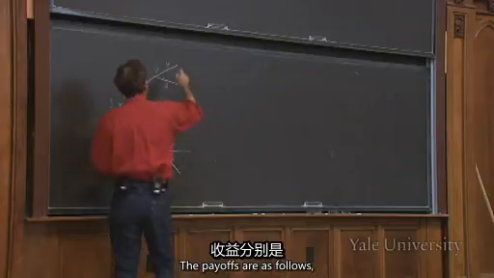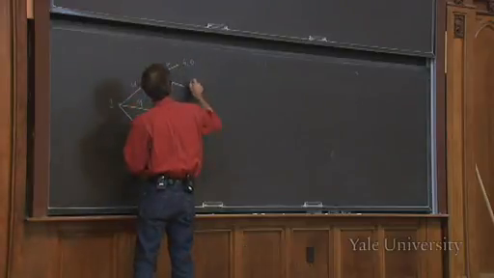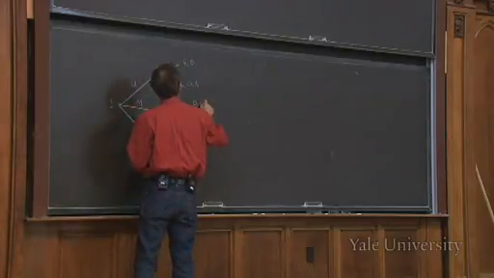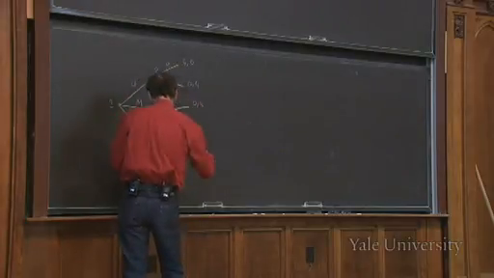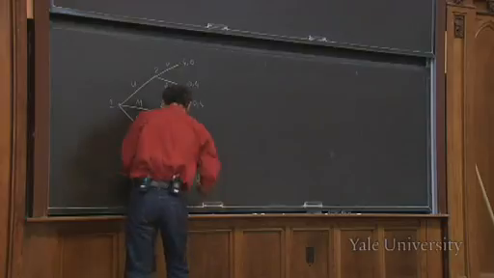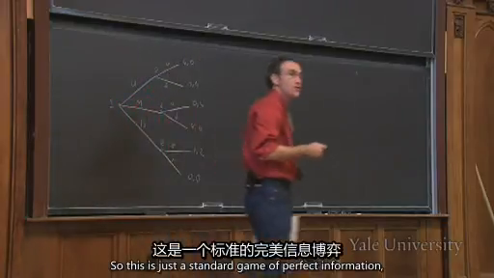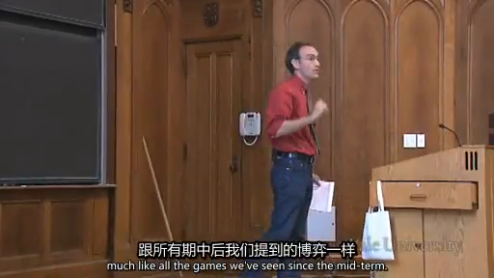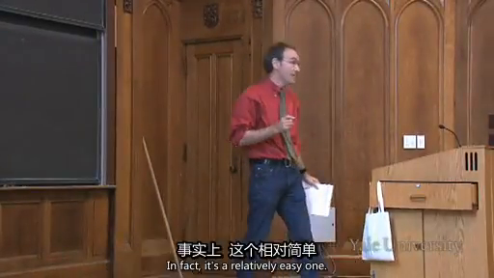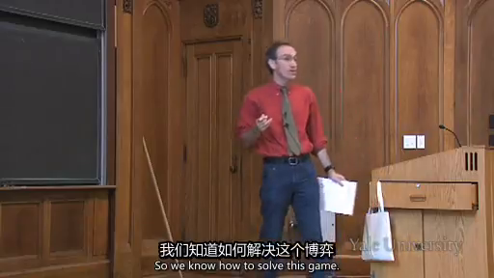The payoffs are as follows: 4, 0, 0, 4, 0, 4, 4, 0, 1, 2, 0, 0. So this is just a standard game of perfect information, much like all the games we've seen since the midterm. In fact, it's a relatively easy one. So we know how to solve this game.